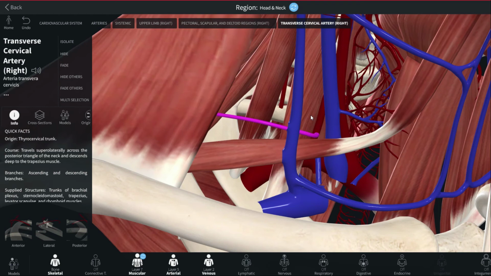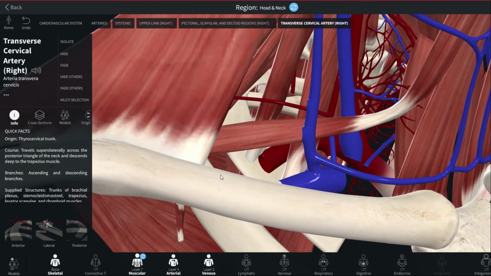So that's why the transverse cervical artery, you might say, is a part of the subclavian triangle, although here it has been a little more superficial, but more or less we say that the transverse cervical artery is a part of the subclavian triangle. At least that's what the textbook from which I read claimed.